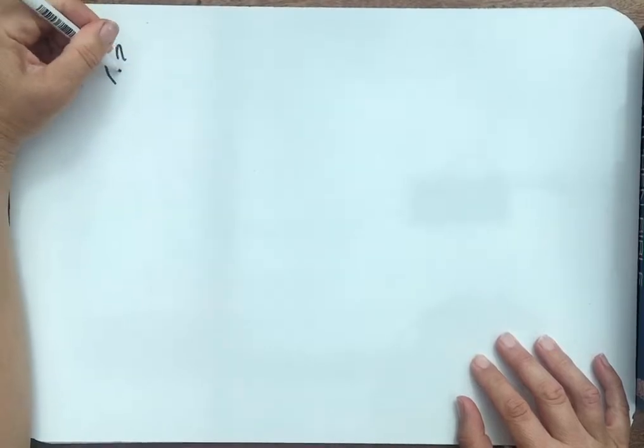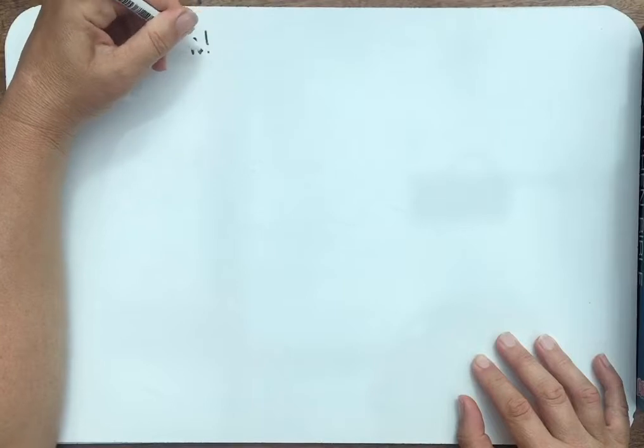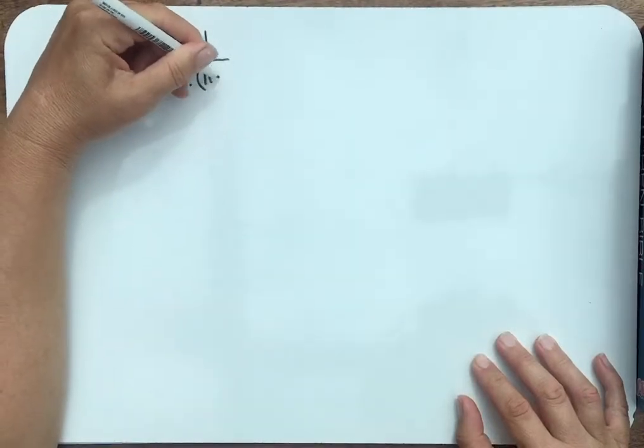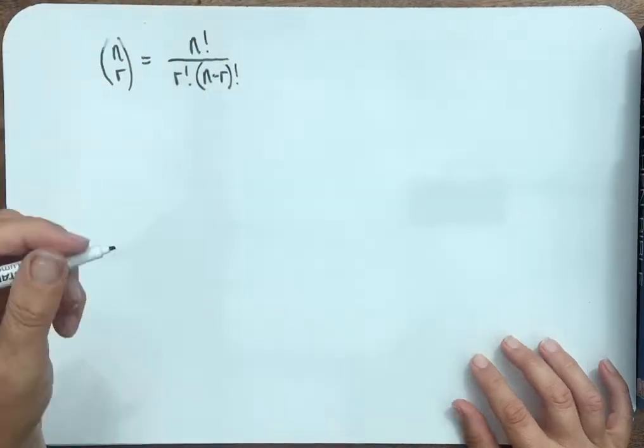So n choose r, we did this, is n factorial over r factorial times (n minus r) factorial.